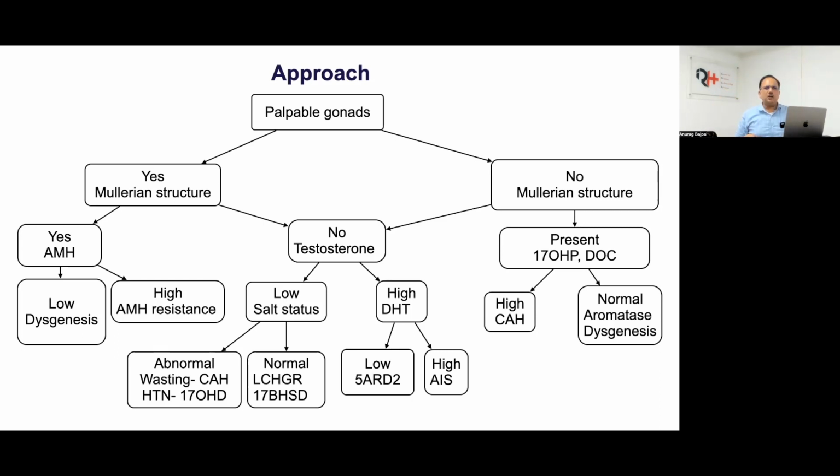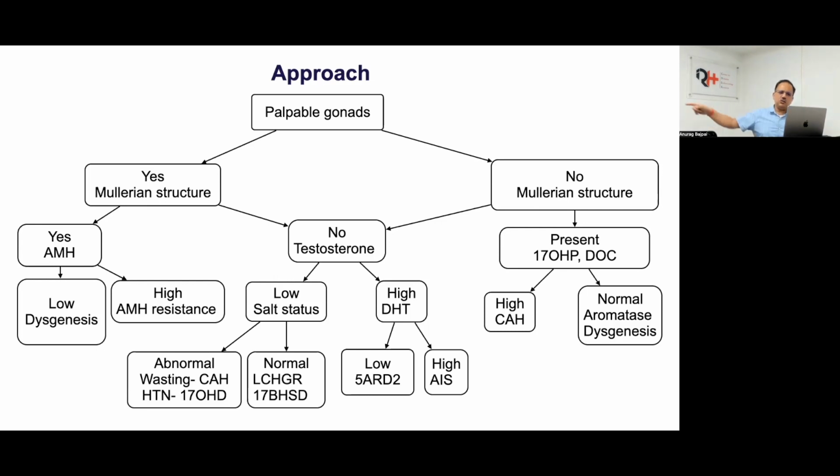If there is no palpable gonad and a Mullerian structure is present, it is XX-DSD, so get a 17-OHP done. If you have both palpable gonad and Mullerian structure, get AMH done to differentiate between AMH deficiency and resistance. If you do not have a Mullerian structure, get a testosterone done to look at low levels, less than 100, or high levels, more than 100.